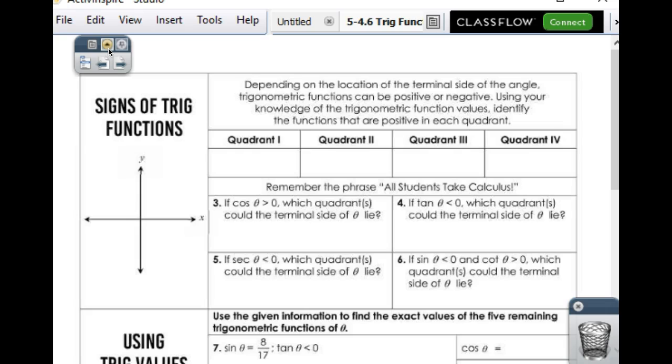The next thing I want to do is talk about where the functions are positive. We have 4 quadrants. So in the first quadrant, the x is positive and the y is positive, so it doesn't matter what combination you do.